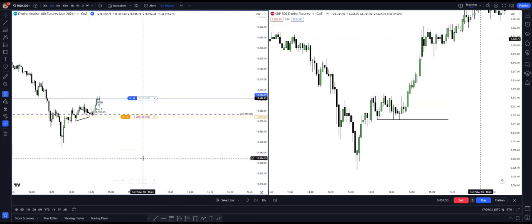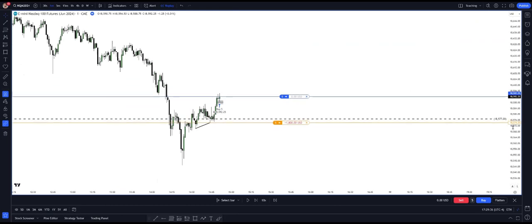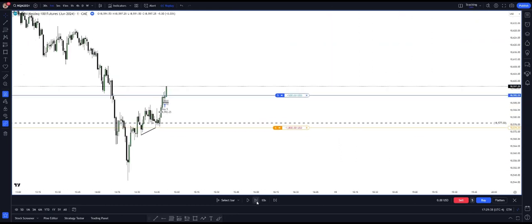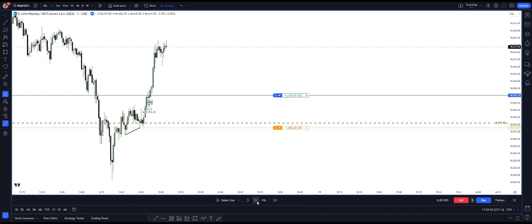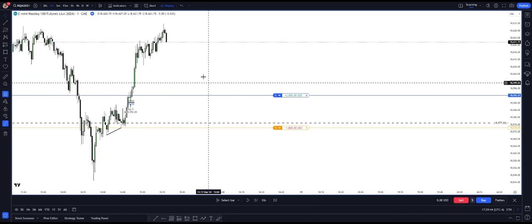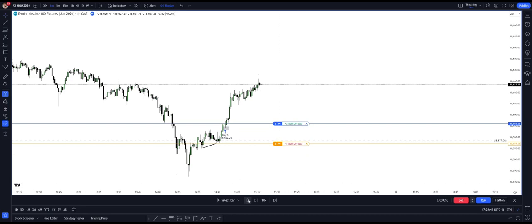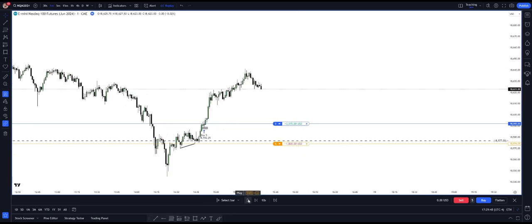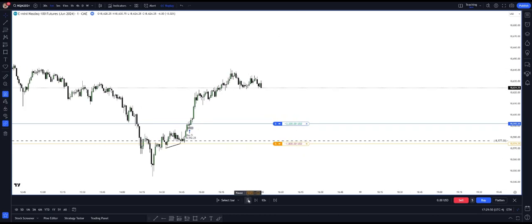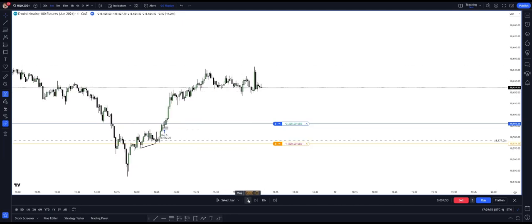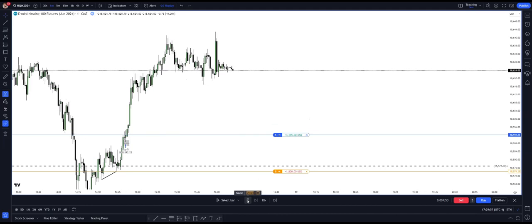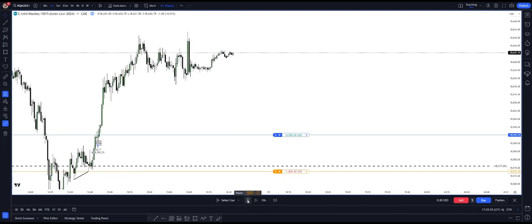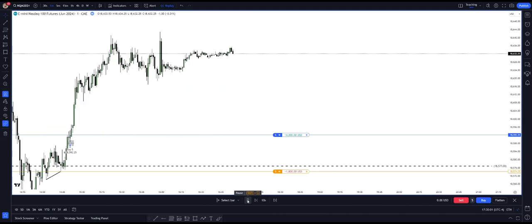Now let's run it. I'll go like this. On any pullback, I'm gonna pause this real quick. There's no pullback just now. It's consolidating right now.